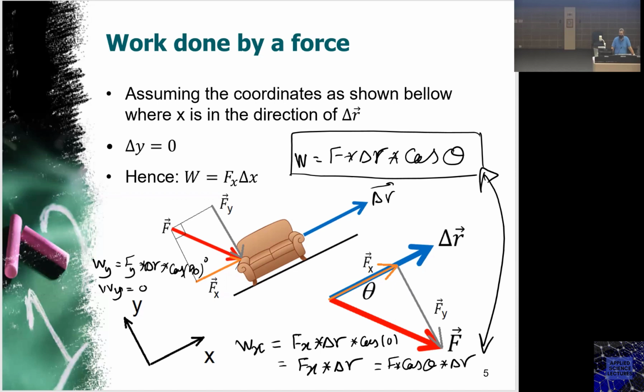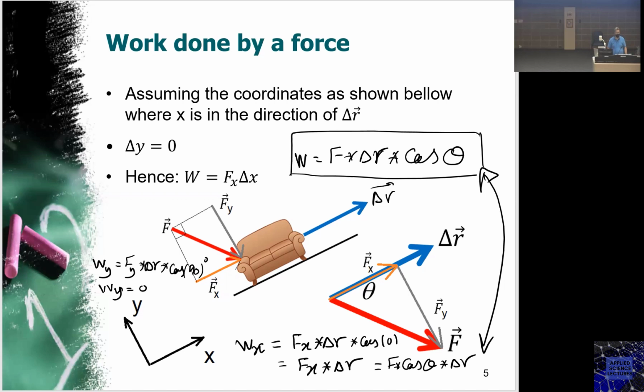This tells you that the component that is responsible for the work is the component of the force that is along the displacement, which is the X component in my case here.